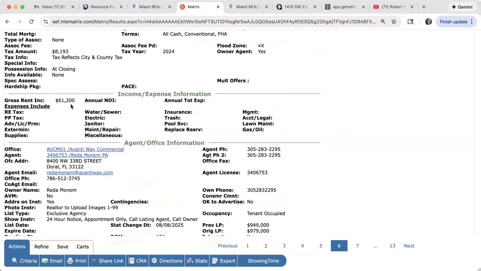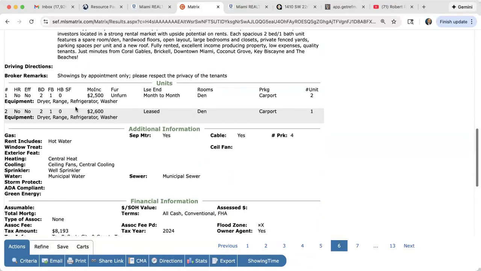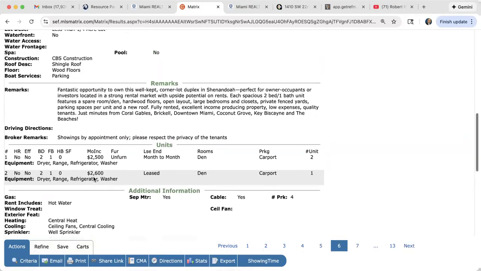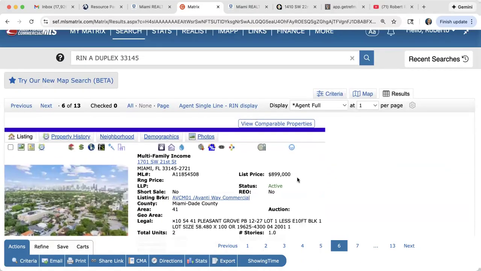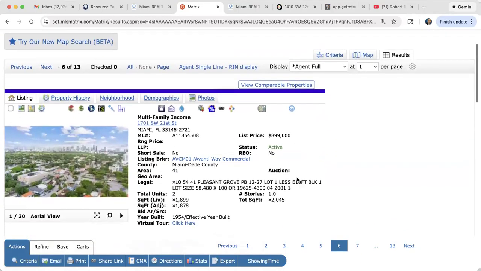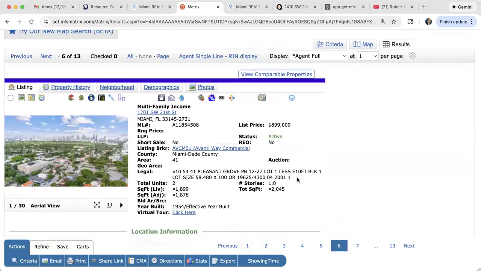And gross rent includes, so the income is 61,200, 2,500 and 2,600, and this one's for 899. So this one is probably more like what you can come to expect. That first one that I did was too good to be true.